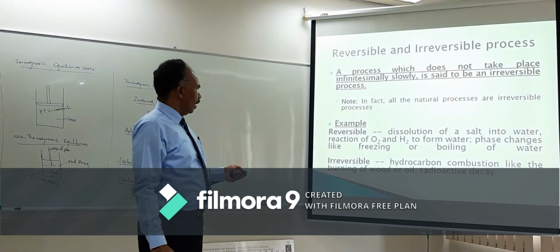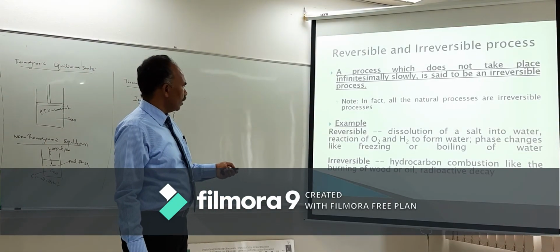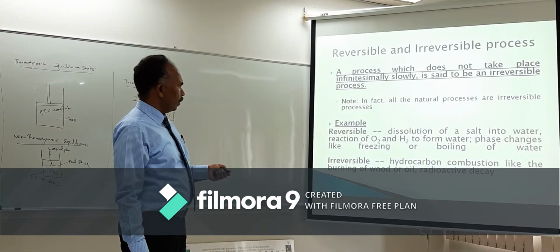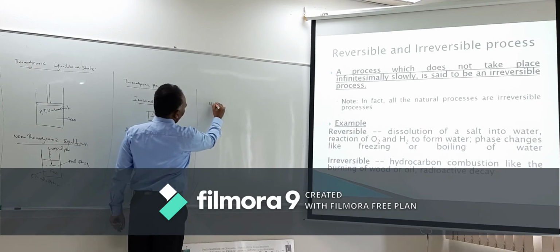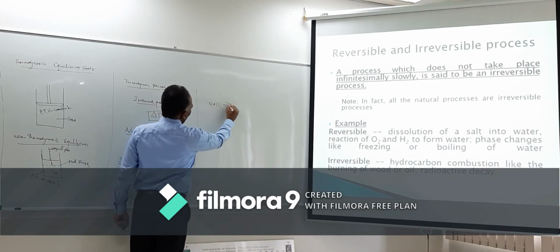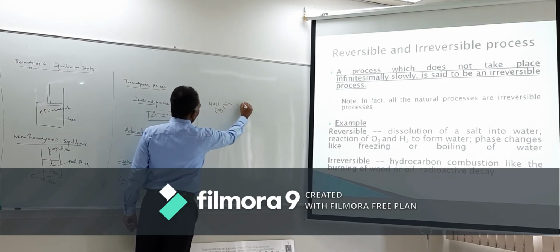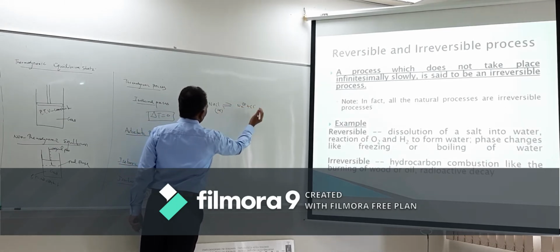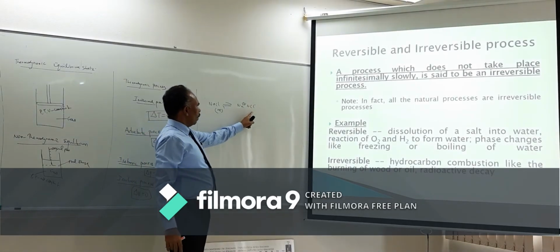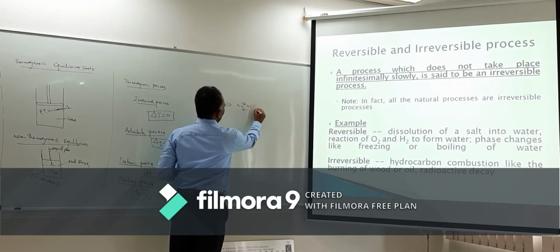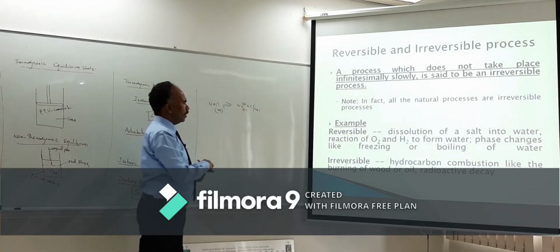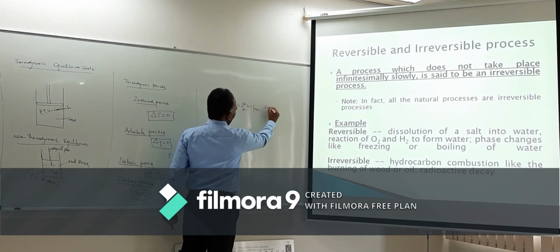For example, the dissolution of salt in water. When sodium chloride is mixed with water, it dissociates into Na+ and Cl-. Again, Na+ can combine with Cl- to give back sodium chloride. It is a reversible process.